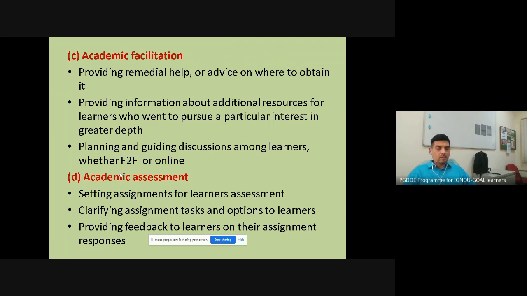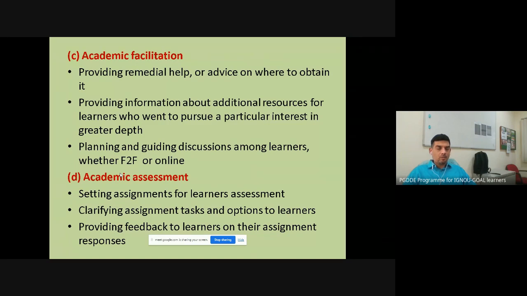Okay, academic facilitation, providing remedial help and even helping from where they can find that or get that facility. Then providing them alternative materials and sources and helping them out to have those materials also comes under the academic facilitation.